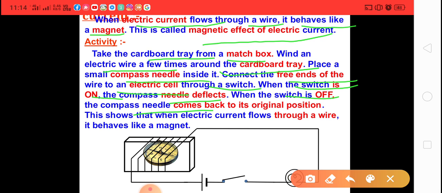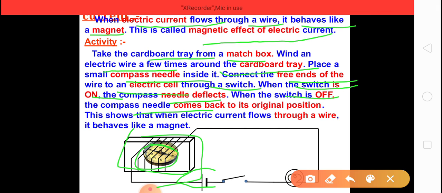Okay, now you can see here a cardboard tray in which we have put a compass needle. We also have an electric cell, and a switch is there. So if we switch on, then the current is running in the wire and the needle deflects.